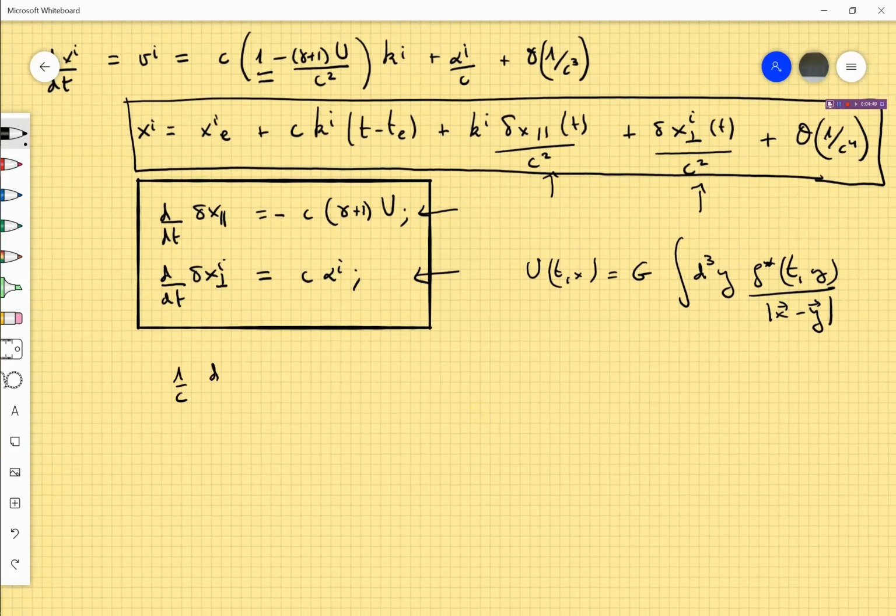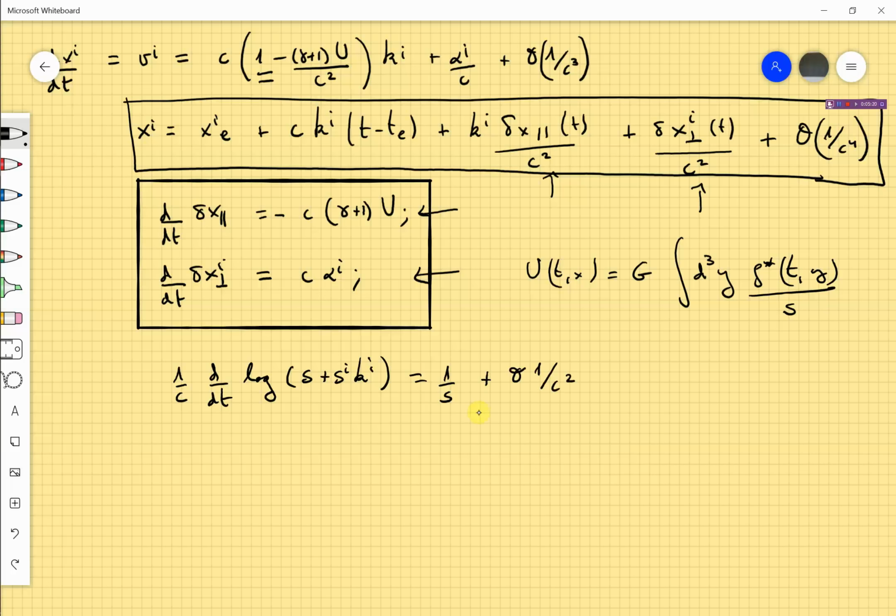This trick is based on the observation that 1 over c times the derivative of the log of s plus si ki is 1 over s, which is what we have here, in this notation this is just s, plus terms of order 1 over c squared.